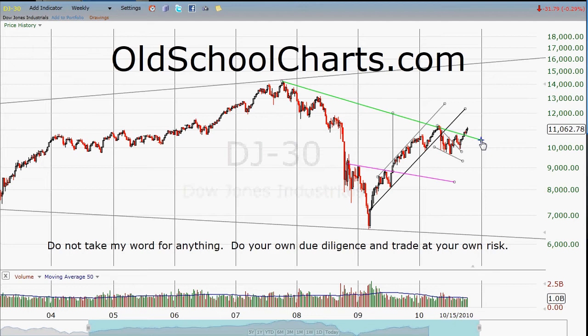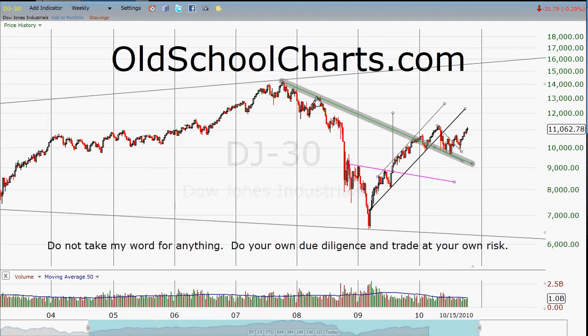Additionally, if we adjust this line so that we're now over this top in the bear market, this is actually a more accurate way of thinking in terms of where you would expect to find bear market resistance.